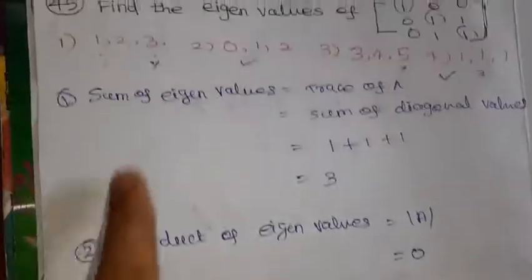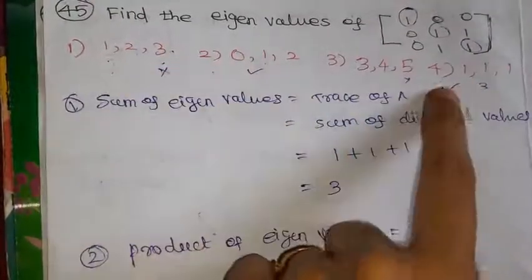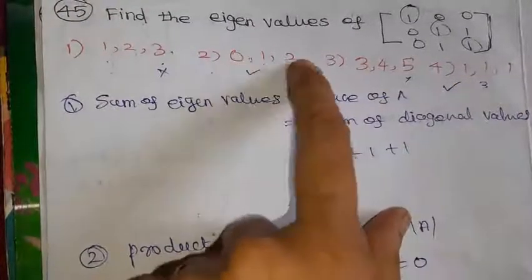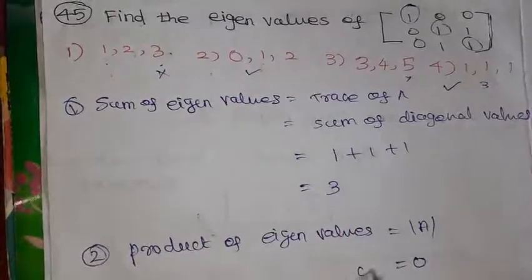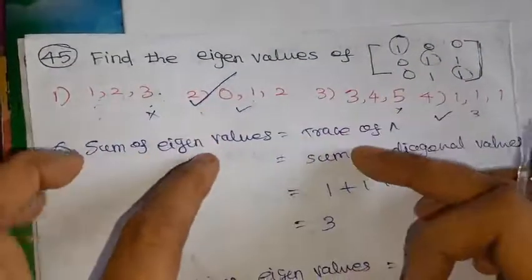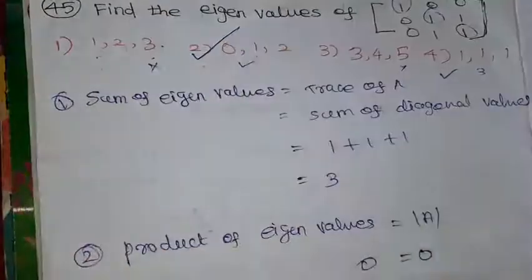That should be equal to the product of the eigenvalues. So we multiply these. When we multiply these 3, already 0, so obviously we are getting 0. So this is the right option. 0, 1 and 2 satisfy these two properties. So option 2 is the right option for this problem.